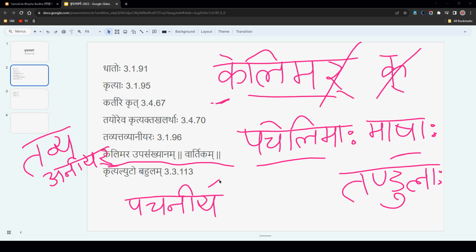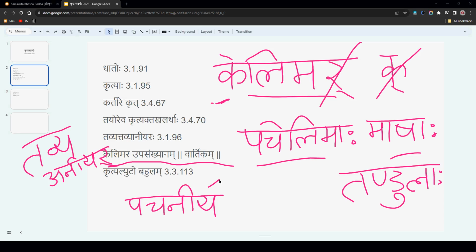What is the meaning of pachaniya? Pach means cook, right? Pachaniya, to be cooked, should be cooked. Example in the sentence. Shakam pachaniyam. Kim pachaniyam?